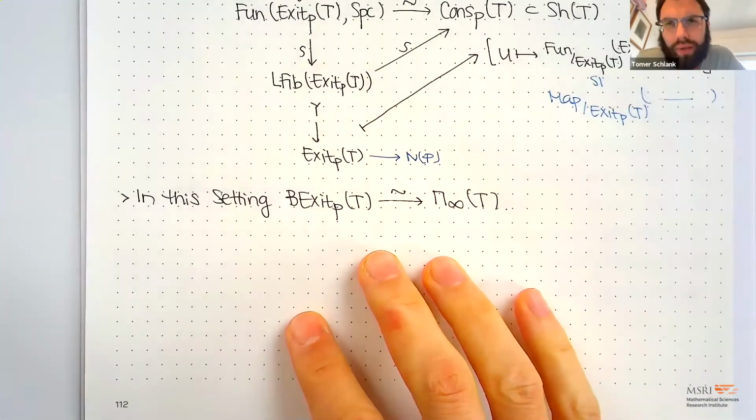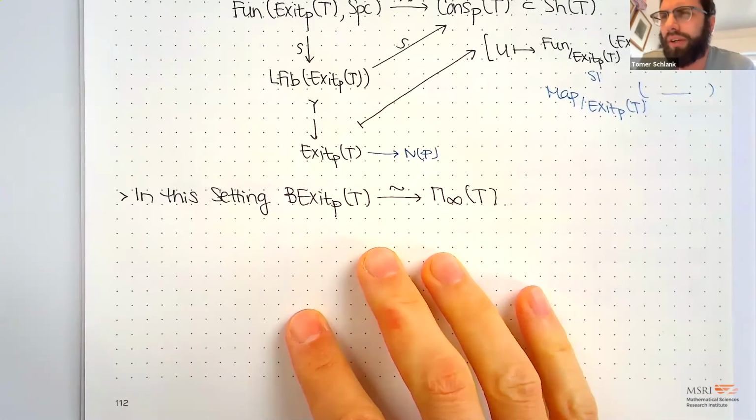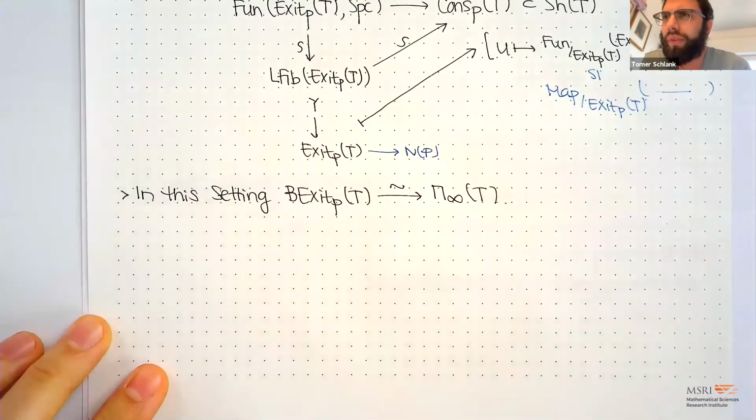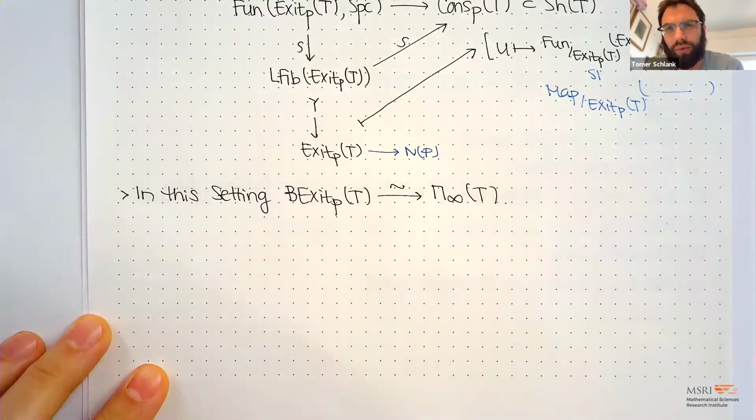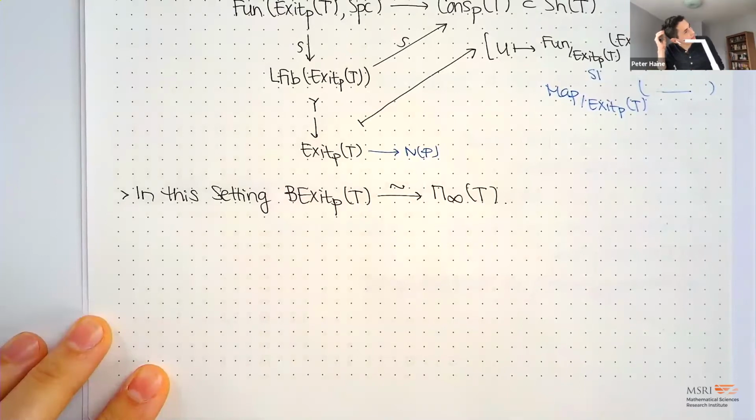I have a quick question just to verify that I'm following. So Cons P of T, that is always an infinity topos, right? With no assumptions whatsoever. Let's see.